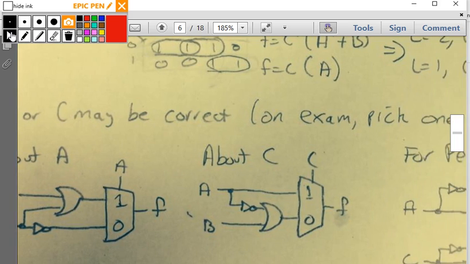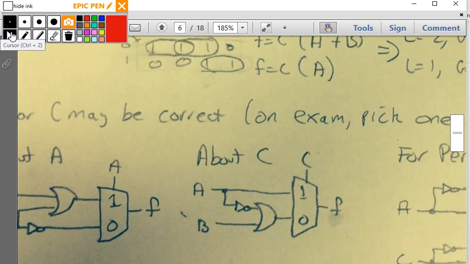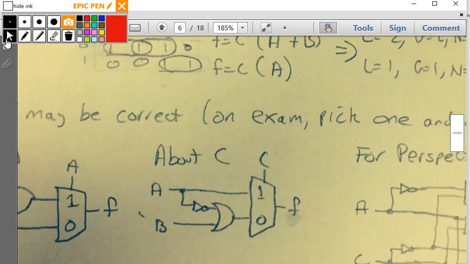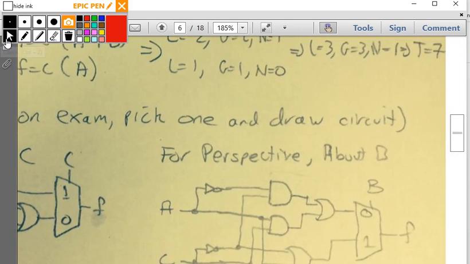When it's about C, and I'm doing it in this order for a reason, you'll see when I get to B, it's A naught. When it's 1, it's just A. When it's 0, it's A naught or B. And then when we go to B, when it's about B, this is the size of the circuit.